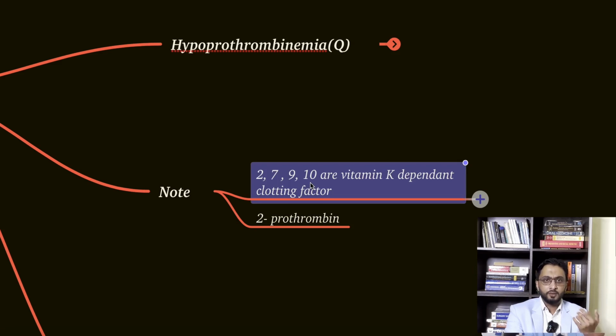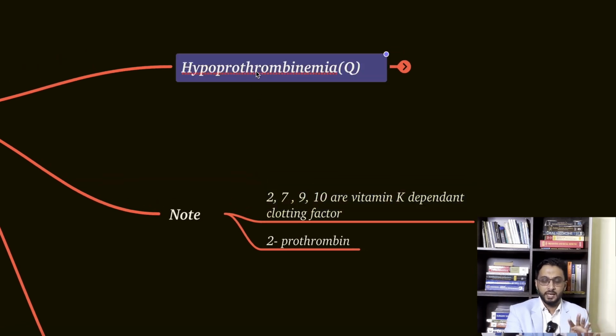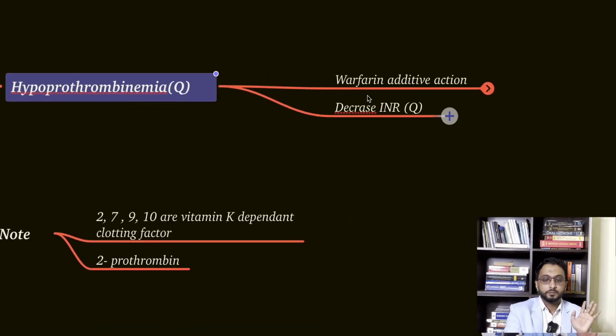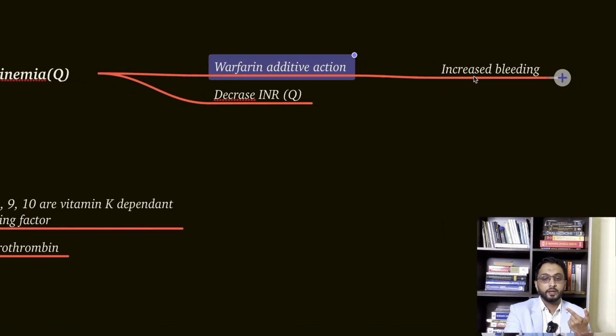If vitamin K is not there, prothrombin will come down, meaning hypoprothrombinemia. What warfarin does is hypoprothrombinemia. This also does hypoprothrombinemia. So it causes an additive action on warfarin, thereby increasing bleeding.